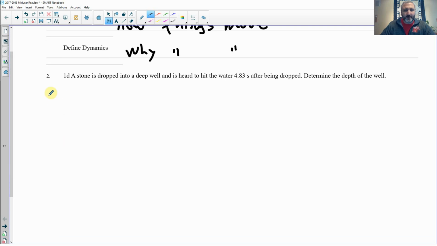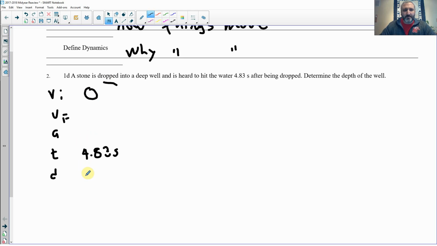And to start off with, we should probably make a chart. VI, VF, A, T, D. And let's plug in what we know. We know that the time is 4.83 seconds. We know the initial velocity of anything that is being dropped is 0.